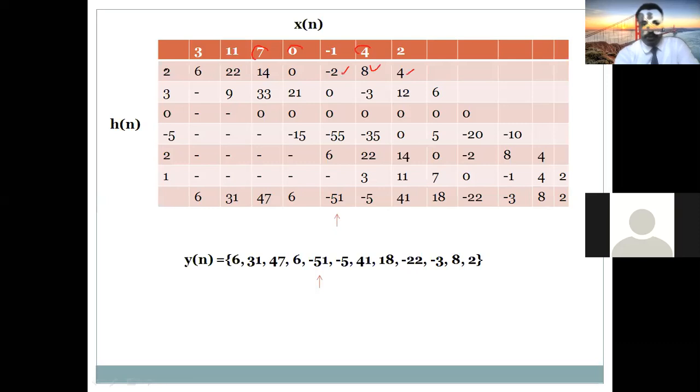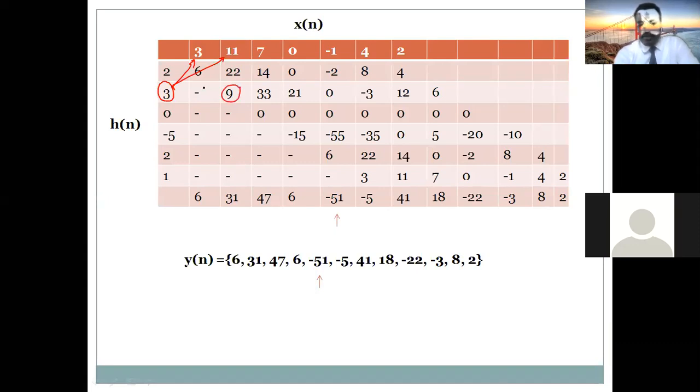Now, first multiply all. Next step, shift one step, okay, jump one step, then again multiply the next sample from the impulse response with each input sample.